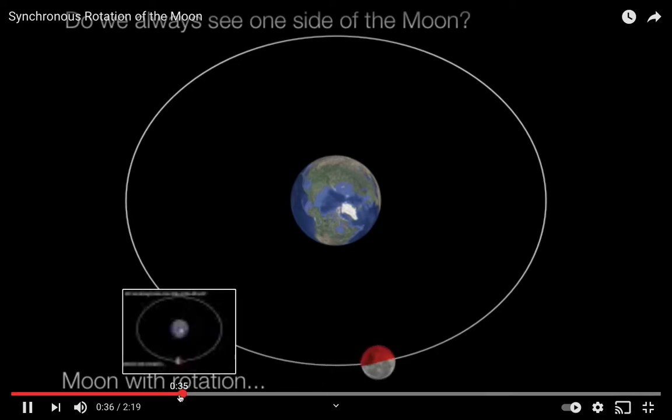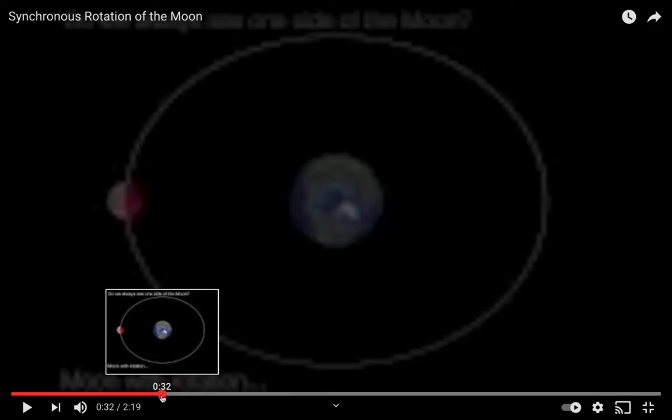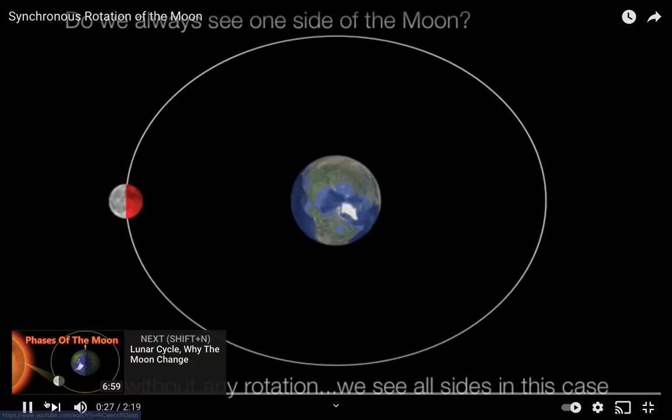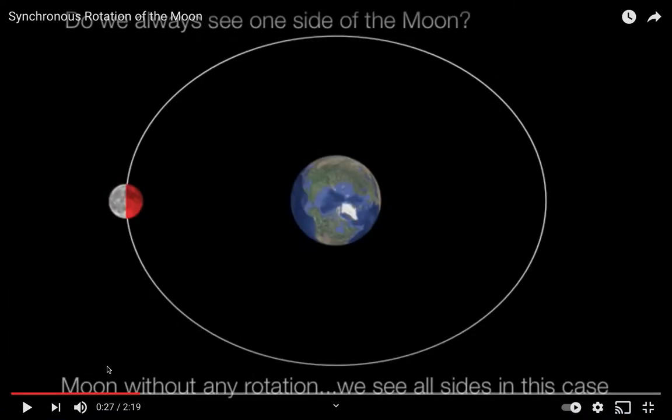Now, I just want to go back a little bit because I want to count these rotations as best I can. Pause it for a second. Okay, so I'm going to count the red bit, which is supposed to represent the side of the moon we see. The white bit is representing the dark side of the moon.